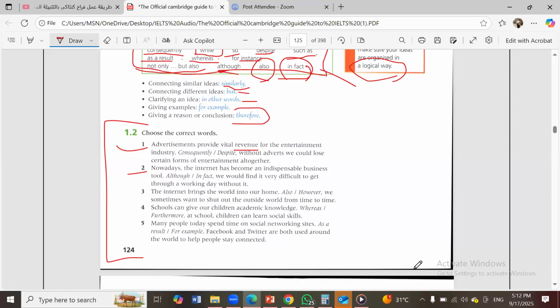The internet is an indispensable business tool. We would find it very difficult to get through a working day without it. Yeah, in fact. Great. In fact, they are not contradictory sentences. Excellent. So number 3, who's ready? May I? Can I answer number 3?